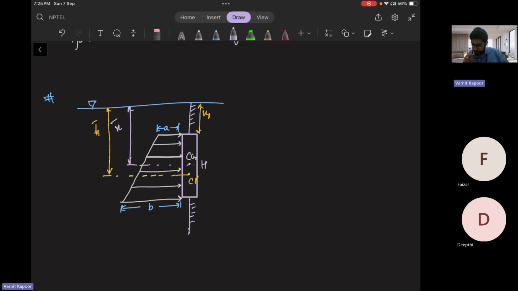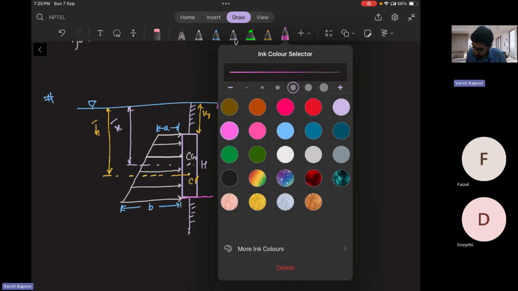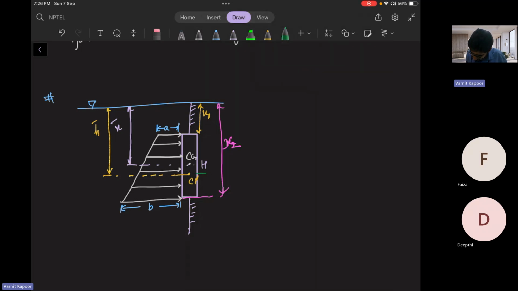Okay. And this distance, suppose, is x2. Suppose center of pressure is, from the base, at a distance of small y bar.